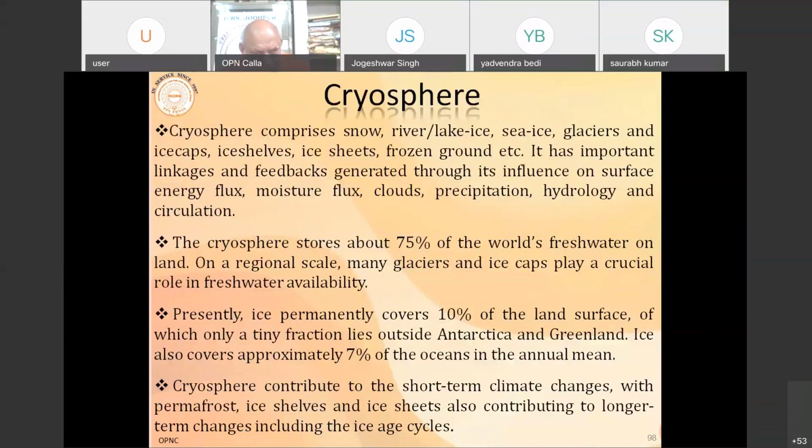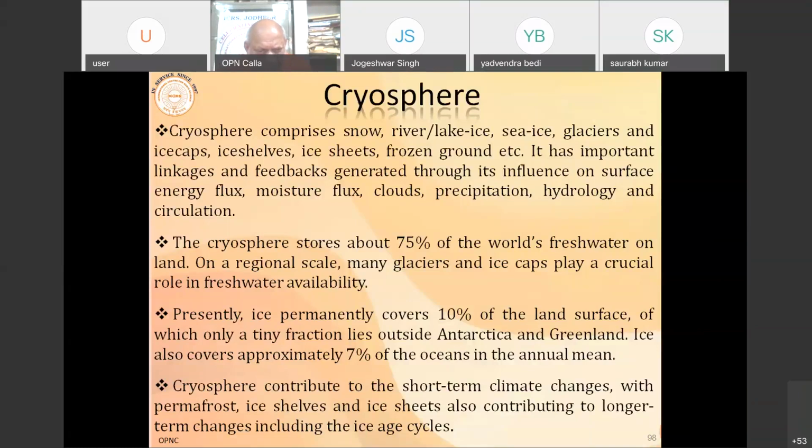Ice permanently covers 10% of the land surface, of which only a tiny fraction lies outside Antarctica and Greenland. Ice also covers approximately 70% of the oceans in the animal being. So these are the geographical facts that all of us know.